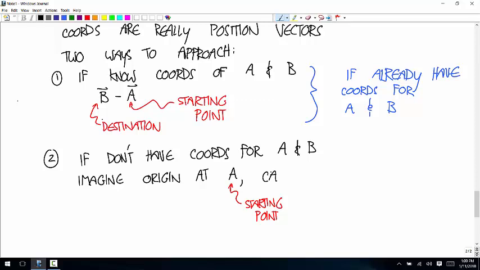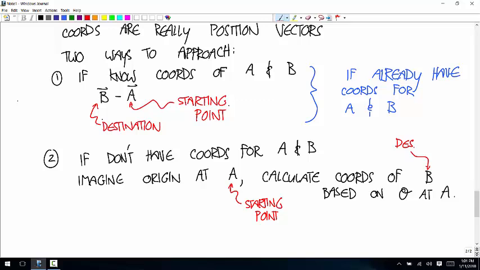And with the origin imagined at A, just calculate the coordinates of B, based on the assumption of the origin at A. Okay, so B is the destination. Okay, let me do an example.